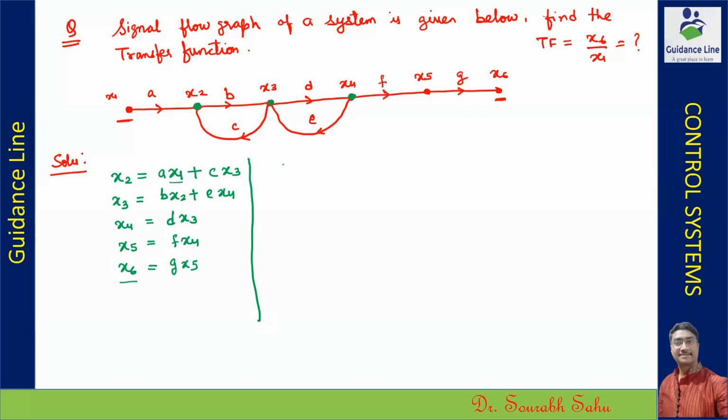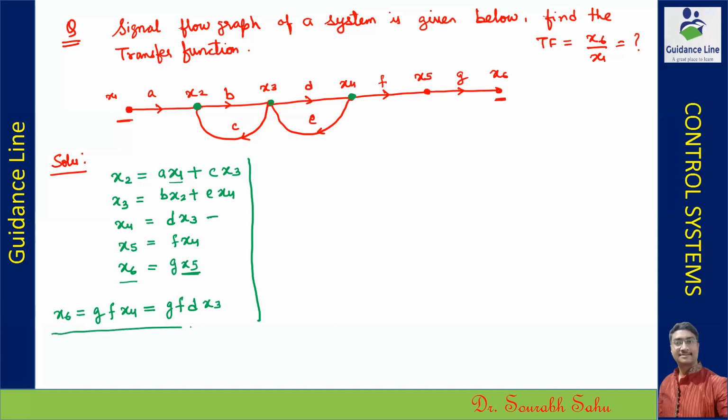Okay, so now we can easily calculate this. You can see x6 is nothing but g times x5, and x5 is f multiplied by x4, so I can write it as g times f, and x4 is nothing but d times x3.